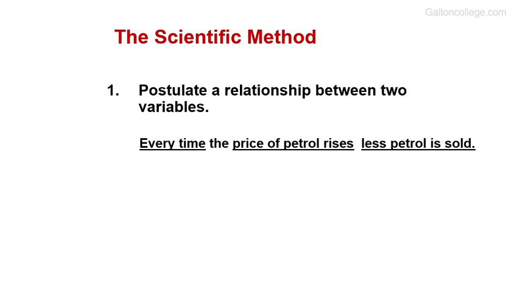We have the price of petrol, that's a variable. Less petrol is sold, that's a variable. We can quantify it, we can measure it. We can measure the price. It goes up, goes down. The amount of petrol goes up, goes down. It's quantifiable. And every time. So we've got three pieces of information here. We've postulated a relationship between two of them, and we're saying that relationship is every time this happens.